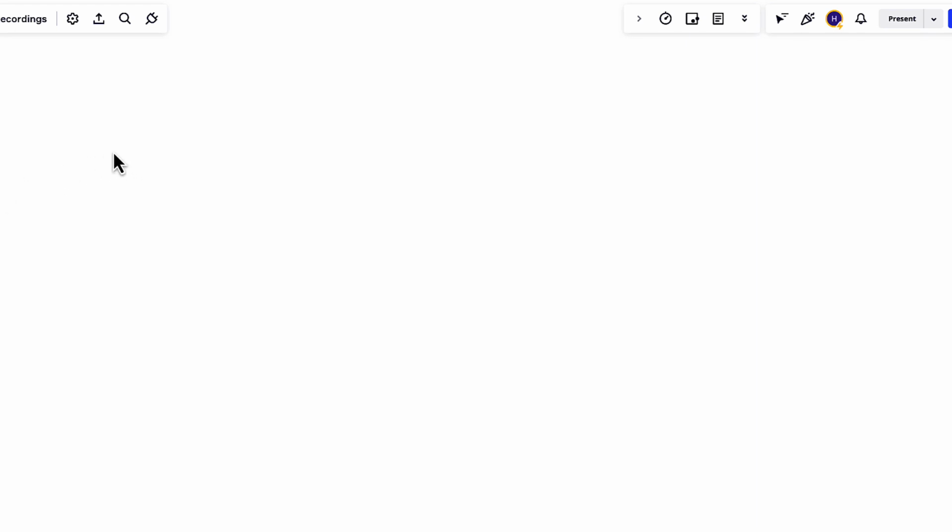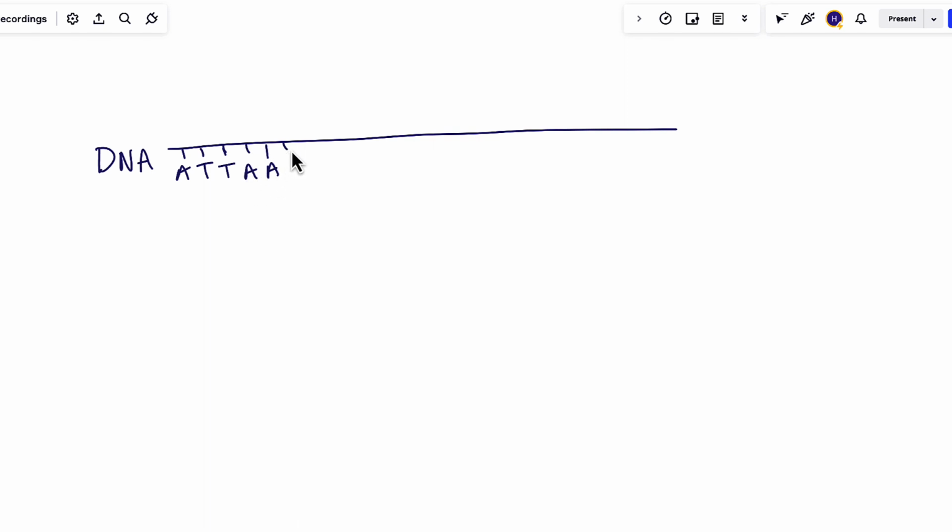So let's say this is some DNA. I'm just going to draw one strand of it, and I'm going to draw some DNA nucleotides on this strand.